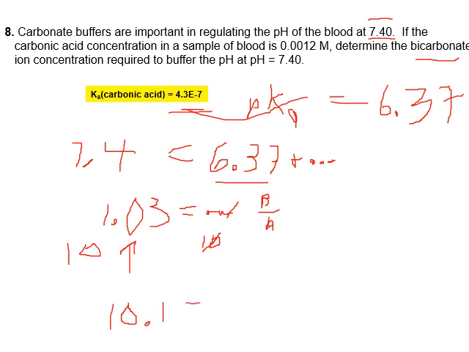That equals the concentration of B over the concentration of A. But we were told one of those concentrations in the problem statement, and it was the acid. So carbonic acid concentration is 0.0012. So we can say that that equals B divided by 0.0010.